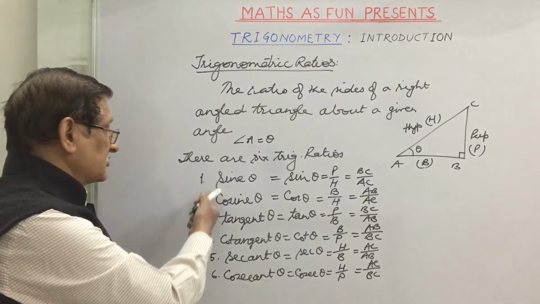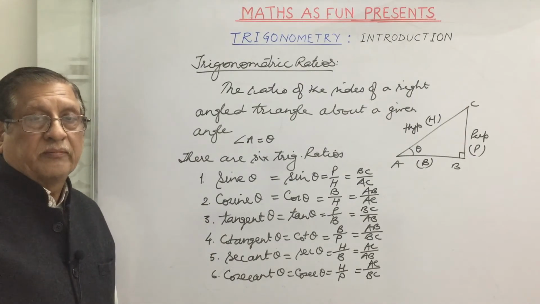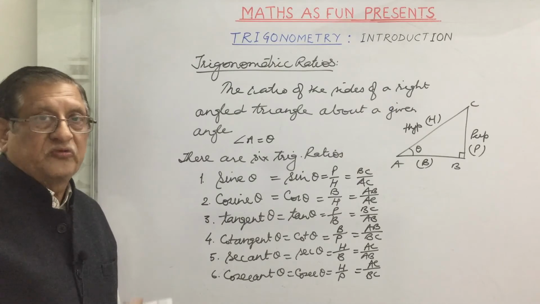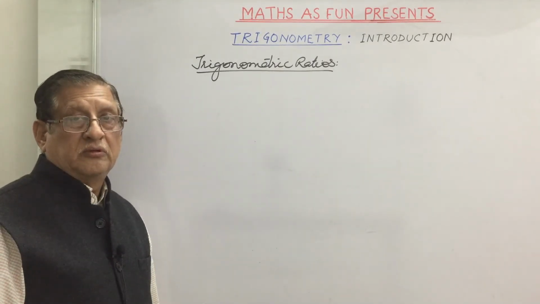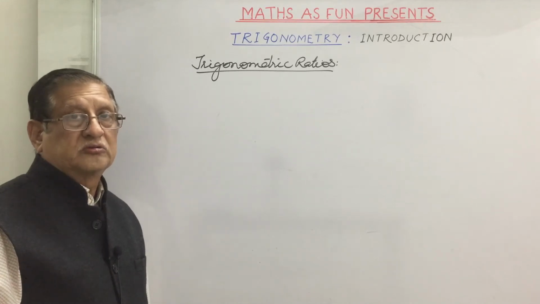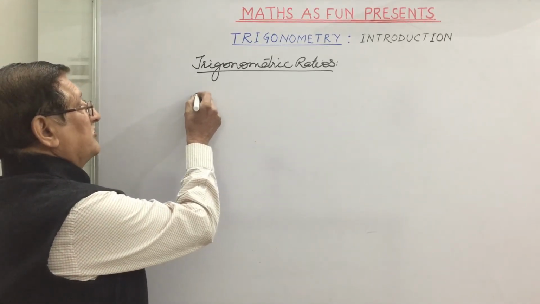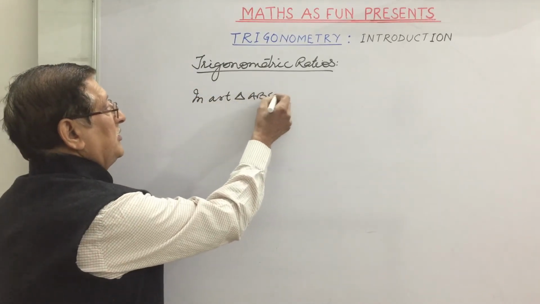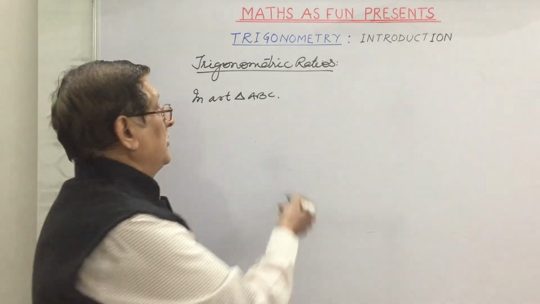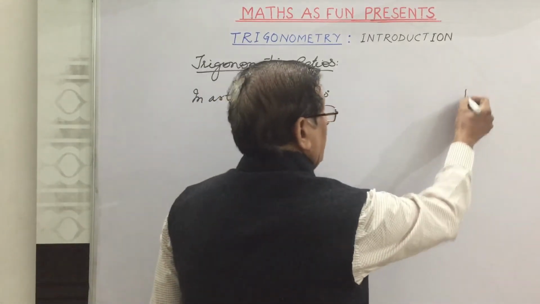So these are the 6 trigonometric ratios which are going to help us to study about the triangles. So we are to remember these. Let's take some problem to find out the trigonometrical ratios. Suppose we have been given a problem in which it is given in a right triangle ABC, in which angle B is 90 degree, like we have here.